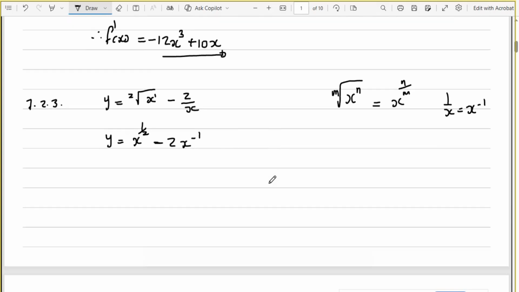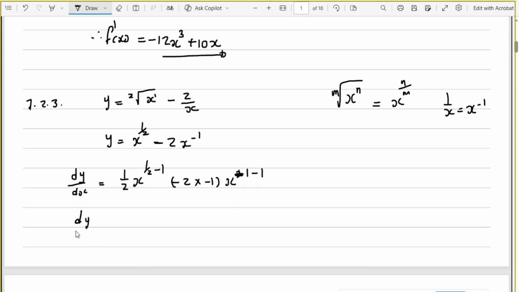Now you can differentiate. So we can find the dy over dx. When we differentiate, the 1 over 2 comes in front, then x to the power 1 over 2 subtract 1, minus 2, which will be multiplied by minus 1, and then we're going to say x to the power minus 1 minus 1.